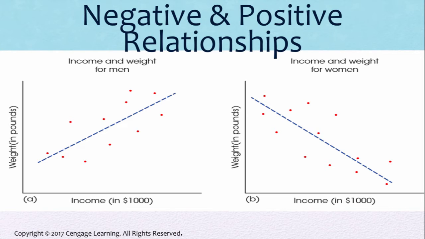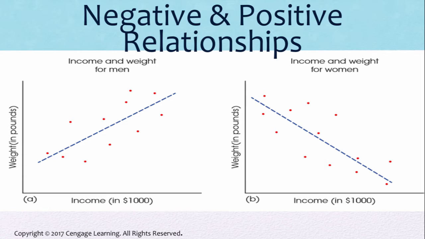Essentially, if the points fell on that line, we would have a perfect positive or perfect negative correlation, and we'll talk about that later. Essentially, the closer your points are to this best fit line, the stronger the linear relationship between the two variables.